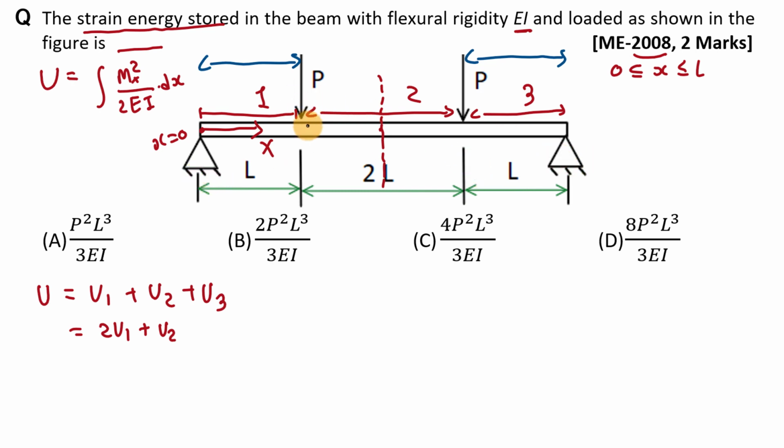And as we know that this loading condition is symmetrical, reactions at both the ends will be same. And here these reactions will be P and P, because total load in downward direction is P plus P, that is 2P. So total load in upward direction should be 2P. And for that we have to take P load here and P load here. So actually these reactions will be P and P, right?